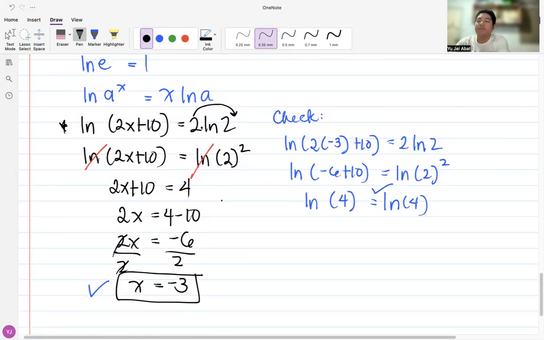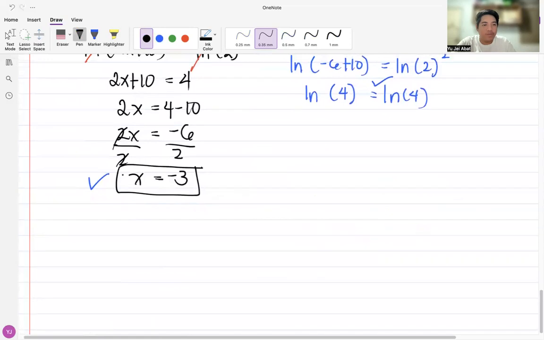Okay, so that is for our ln. Another problem for ln, we'll try to solve involving the natural logarithm. I think this will be our last number. We have 2 ln of x equals ln of 25.